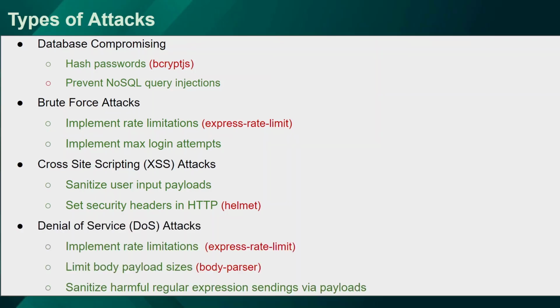Likewise, there are a lot of packages publicly available in Express to enforce these sorts of security mechanisms. Denial of service attacks are very common, and again this is an attack on the availability of our servers. Therefore we can implement rate limitations, or limit the body payload size. The body payload limit means we can specify a maximum size for the payload.